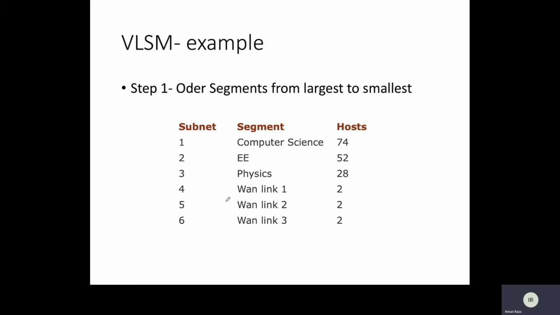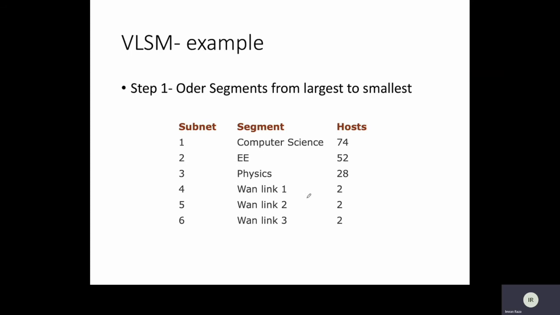For example, we have a class C address, and this is the requirement that we have to meet. At ComScience University, for the computer science department, I need 74 nodes. In electrical engineering, I need 52 nodes. In physics, I need to assign addresses to 28 nodes.